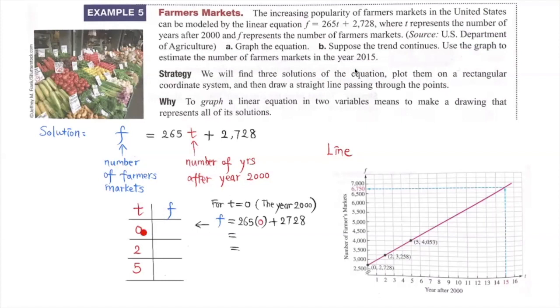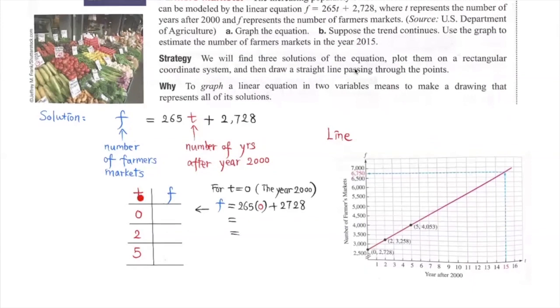So let's pick 2 points and maybe a third point as a check. I'm going to choose T to be 0, 2, and 5. For T equal to 0, which is the year 2000, 0 years after 2000, we substitute 0 into T and we get 2,728. So the number of farmers markets in the year 2000 will be 2,728.